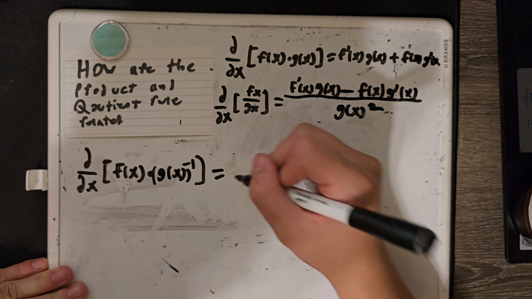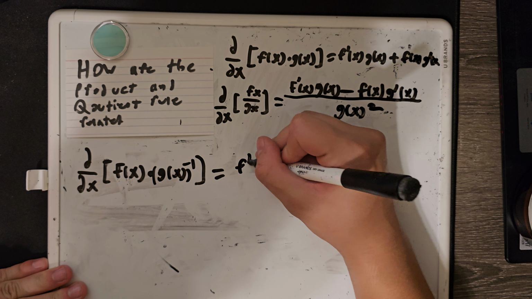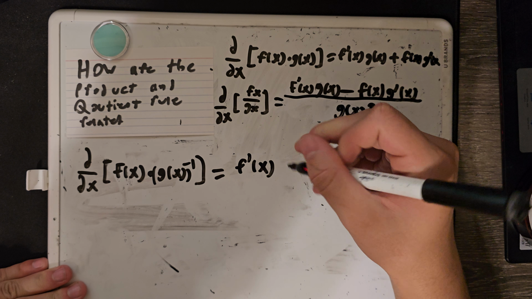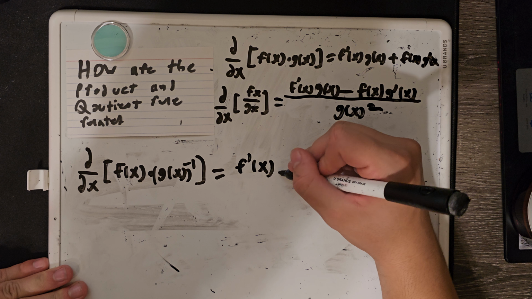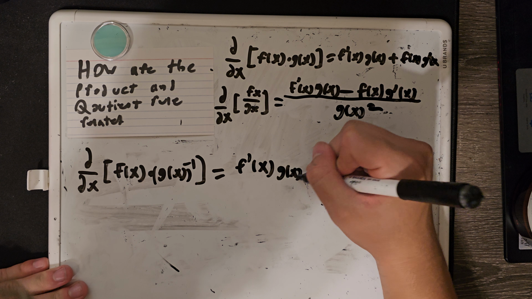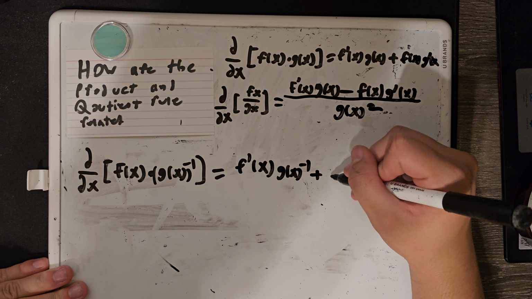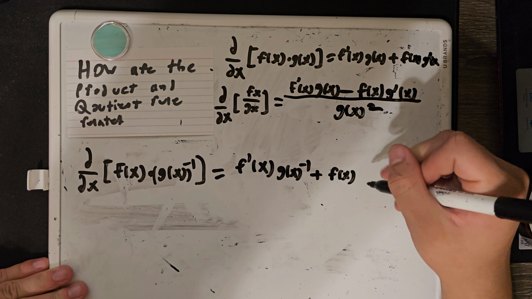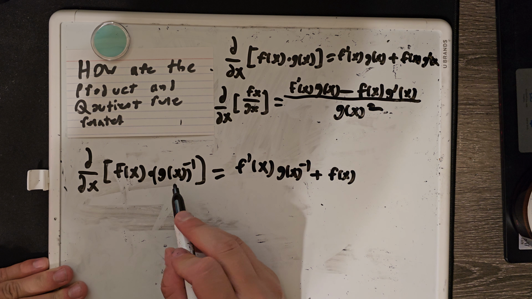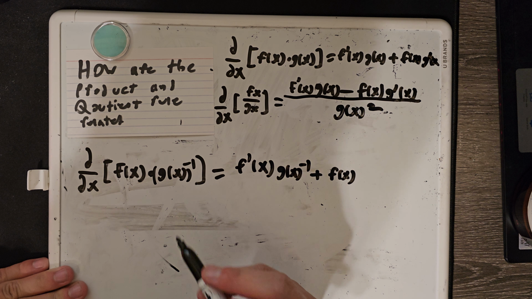Which means this will be equal to f prime of x times g of x to the negative 1 plus f of x times g of x to the negative 1, prime.